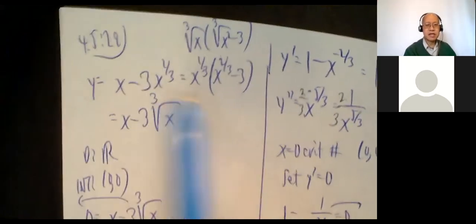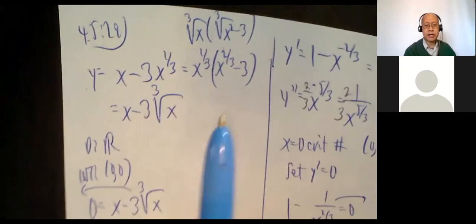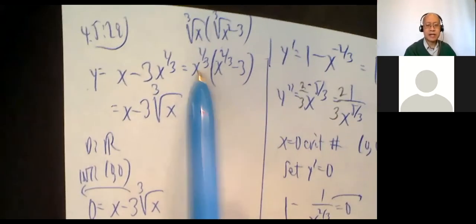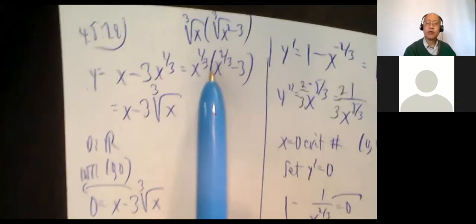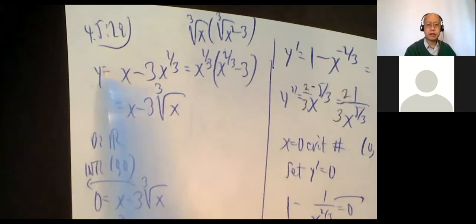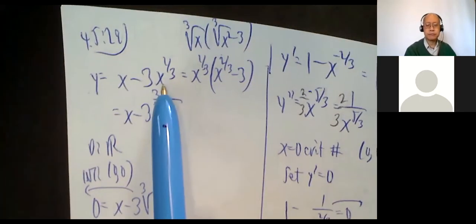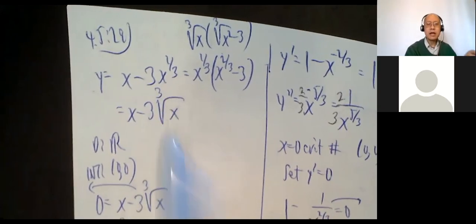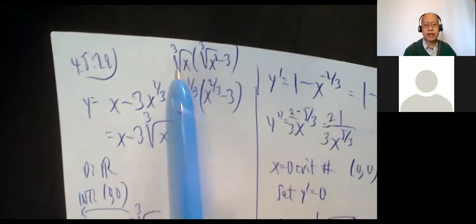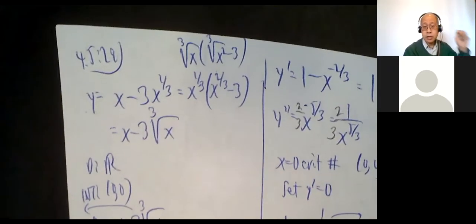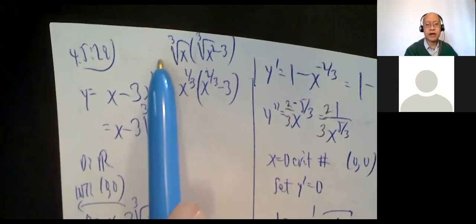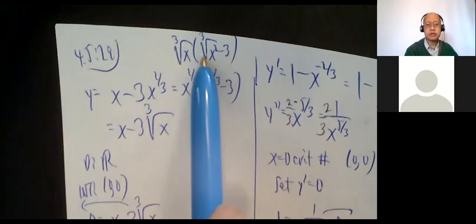I claim that this is the same as that. If you're not sure, distribute it back out. What is that times that? X to the 1/3 plus 2/3 is 1. There it is, and then minus 3 x to the 1/3. But for solving for the intercepts, it's better to write it like that. X to the 1/3 means cube root of x. X to the 2/3 means the cube root of x squared.